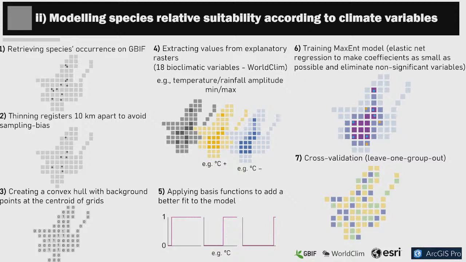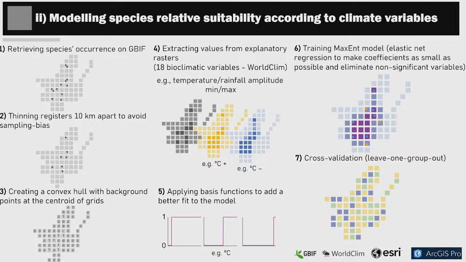We then, for each one of these 84 species, we retrieve their occurrence using the GBIF database. And we perform some process to analyze their suitability across different types of climates, across these two major domains. So we consider the areas where the species were sampled, here represented in ones.